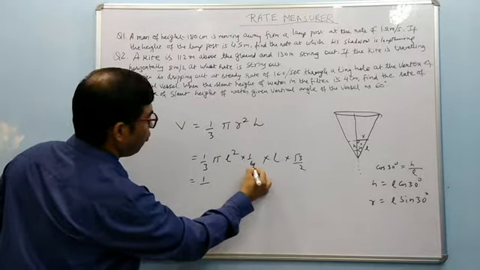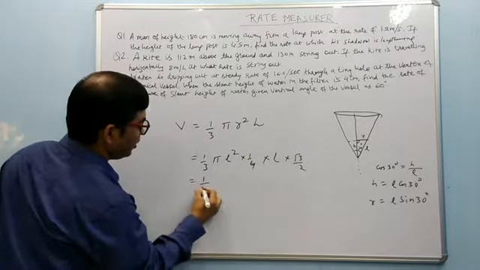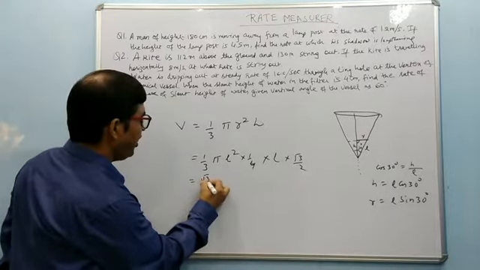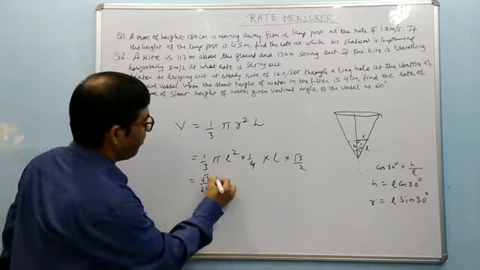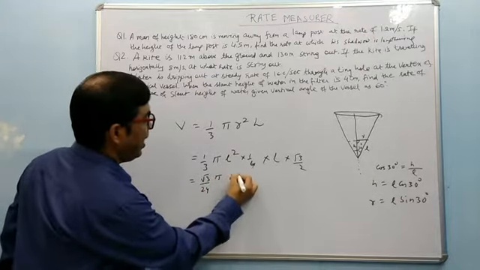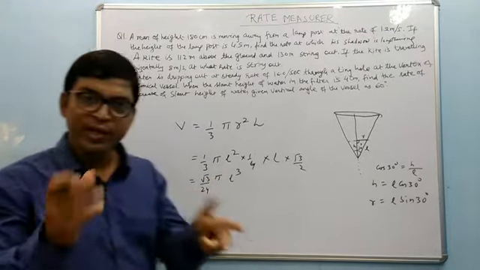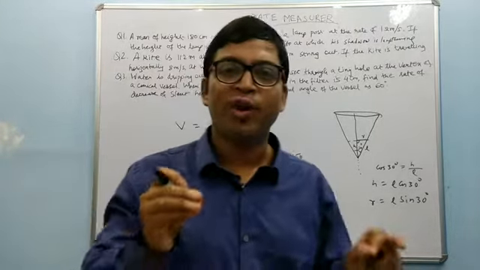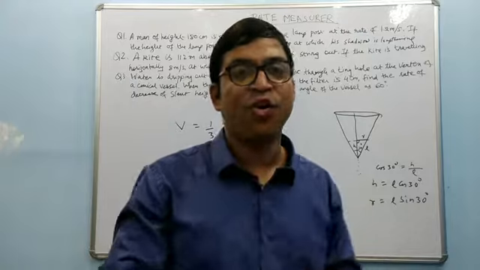So 3, 4, 12, 2, that is 24, and here root 3 pi L cube. So very simplified version of this is like this. So we got the volume in terms of the slant height only.